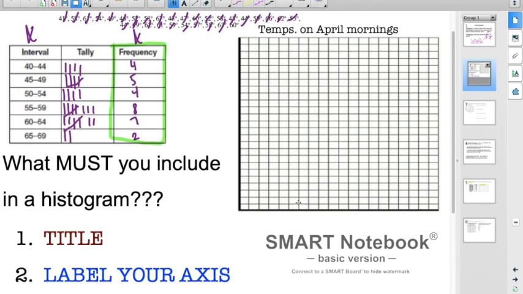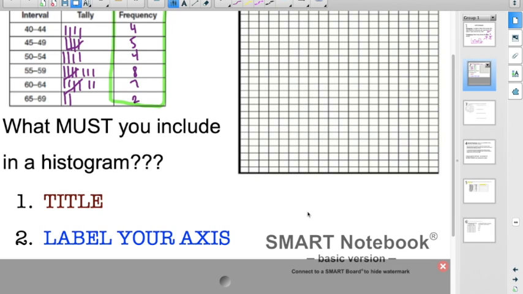Well, guys, the interval goes on the x-axis because we need to be able to count the frequency going up on the y-axis, okay? So that means that frequency will be on the y-axis.